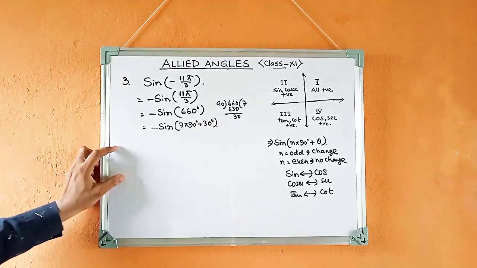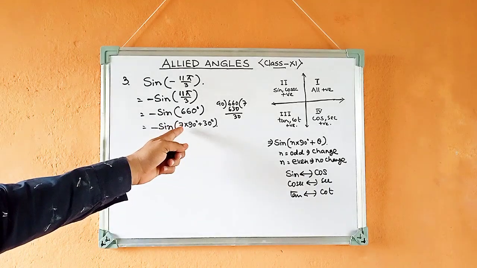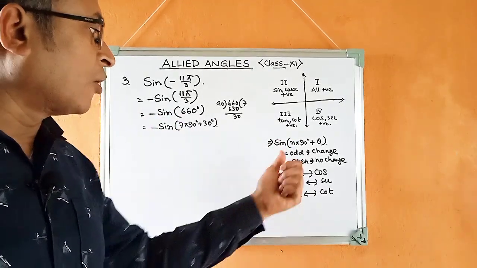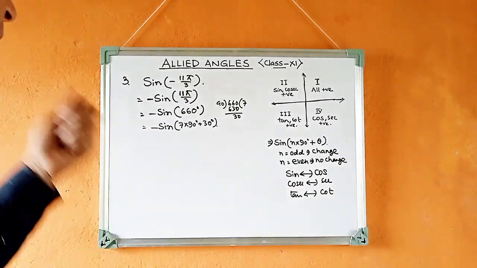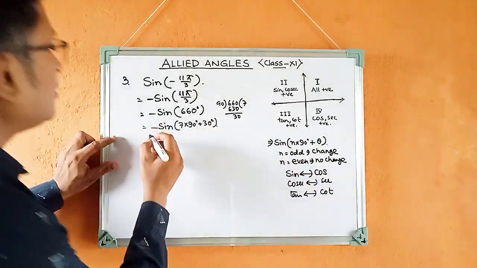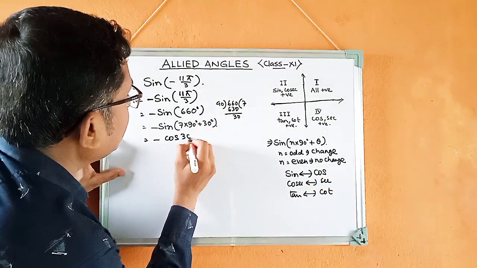See carefully. Hope all of you understand. Now look at the n. Here n is 7. 7 is an odd number. Odd number means change. So the parameter sine changes to cos. So we write minus cos 30 degree.